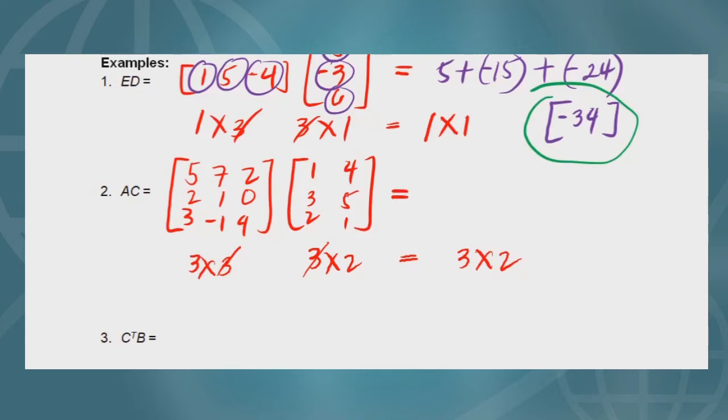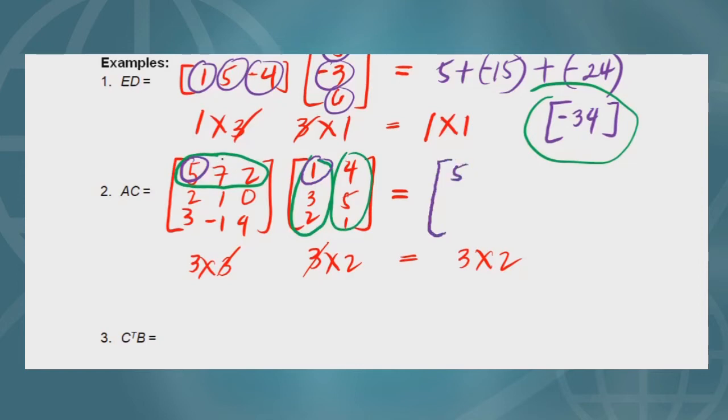What you need to do here is to multiply row by column. This first row, you need to multiply by the column of the second matrix, like that. As we multiply, first is 5 times 1, which is 5.